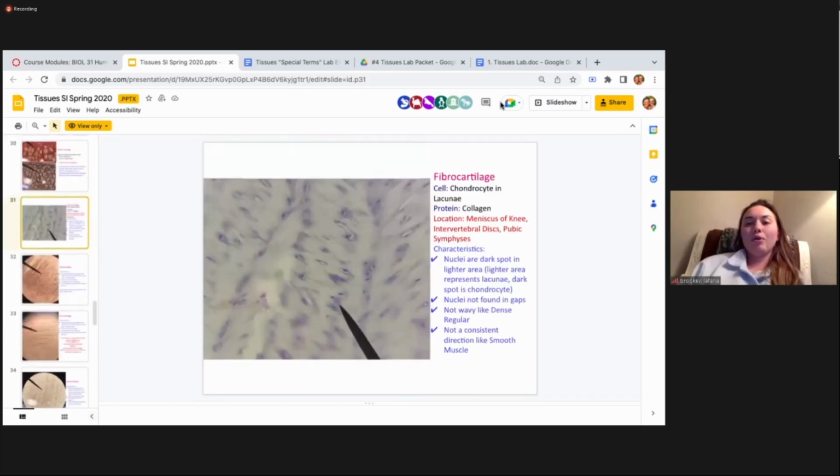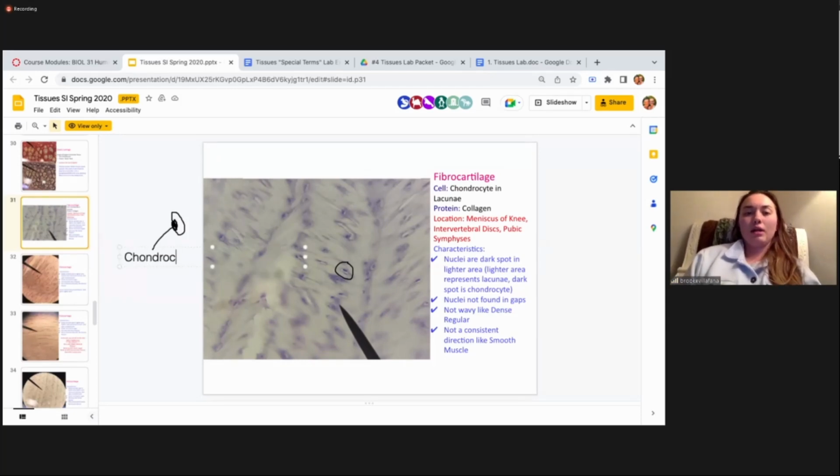For this fibrocartilage, you guys can see basically this dark cell, and it's in this lighter pocket. This is our chondrocyte in our lacuna. This is really important for you guys to know. The chondrocyte is the cell, and the lacuna is the house where the cell lives.